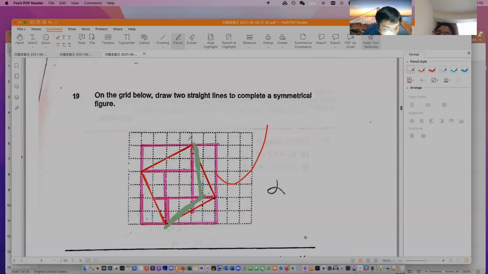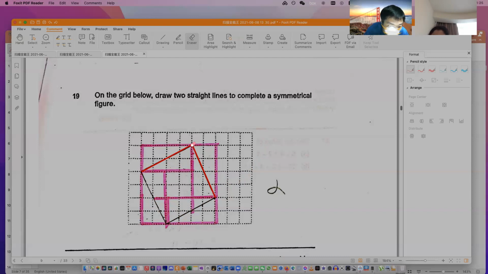Can you help me erase what you have drawn on the screen? Thanks. If they give you these two lines, the number one question is, can you use an angle measuring tool? Can you make sure that this is a 90 degree?